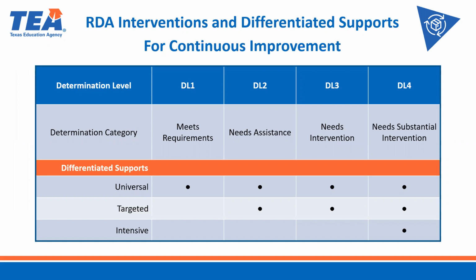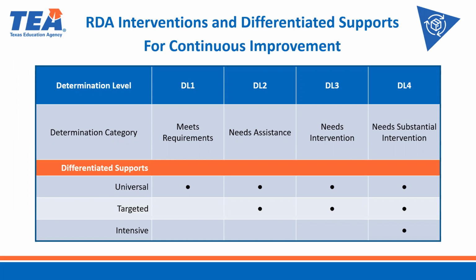Activities for continuous improvement are found in both optional and required monitoring supports. Interventions based upon determinations within the RDA framework are aligned across multiple program areas and are integrated into the differentiated monitoring system respective to each program area.